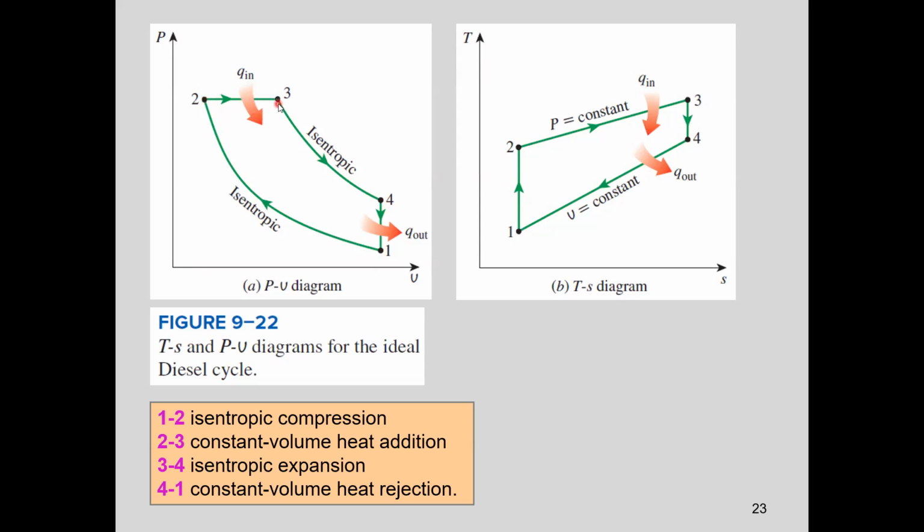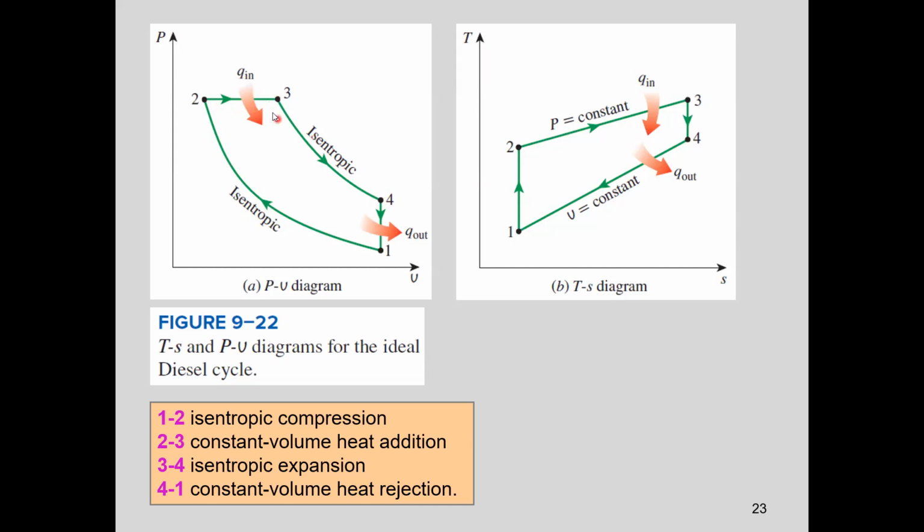In the real engine, between 2 and 3, you have the combustion process, but the combustion starts close to the top dead center and continues well into the expansion stroke, so that as the fuel injection continues, combustion continues, and you have almost constant pressure operation. As a result, this process is modeled by a constant pressure heat addition process between 2 and 3, Q in.